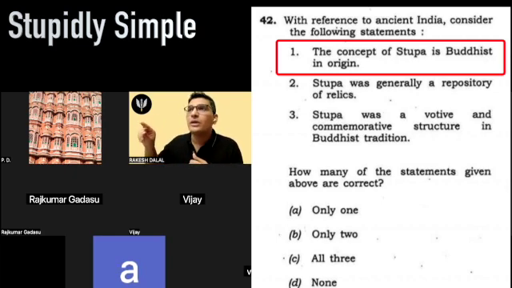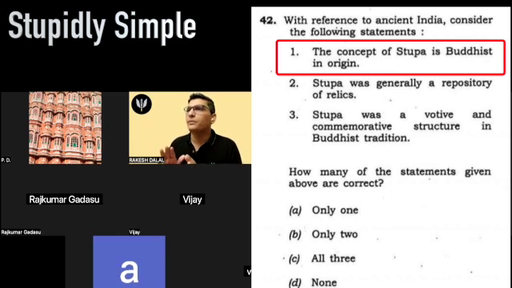Because they chose to give this, there has to be some problem. That is why they gave such a biasing, taken-for-granted type of statement. And that is the root of stupidly simple. It is stupidly simple. That's why it is false. It should be false, because otherwise there is no point in giving this statement.